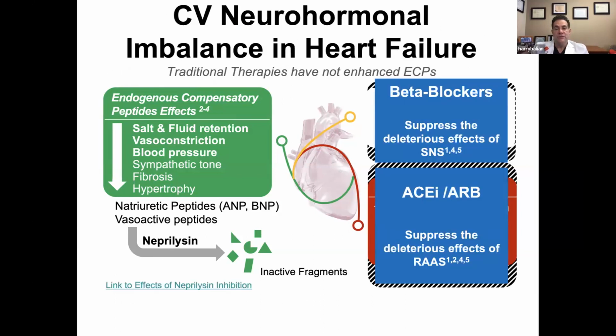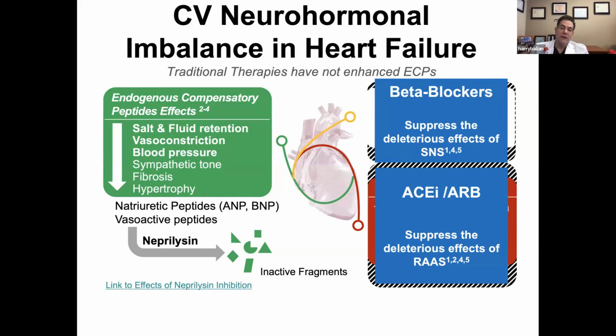So the goal is to first, with the beta blockers, dim down the sympathetic overactivation that is initiating this cascade, giving ACE inhibitors or ARBs to suppress the deleterious effects of the renin-angiotensin system.